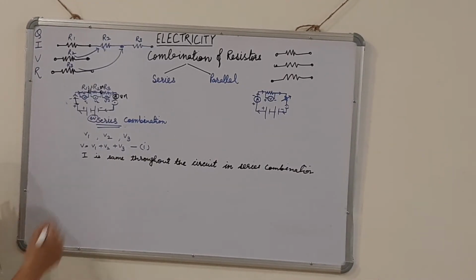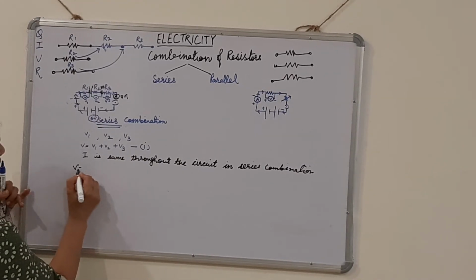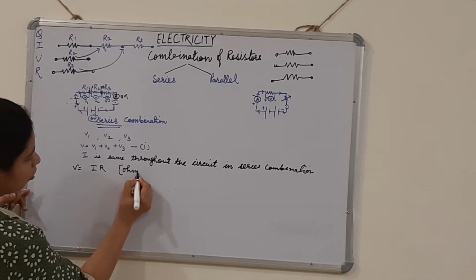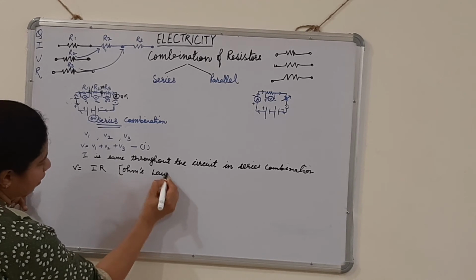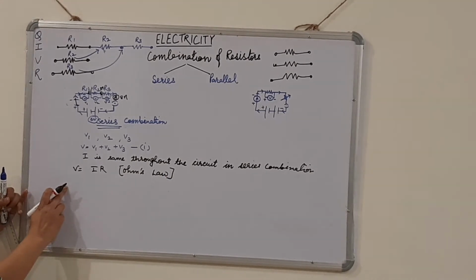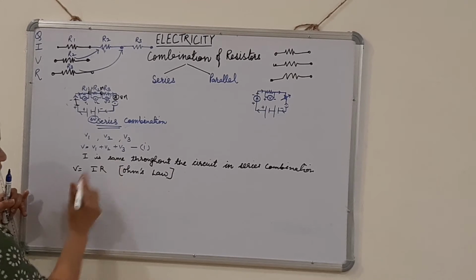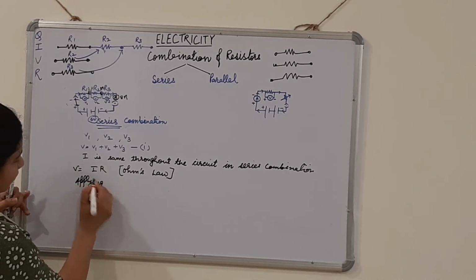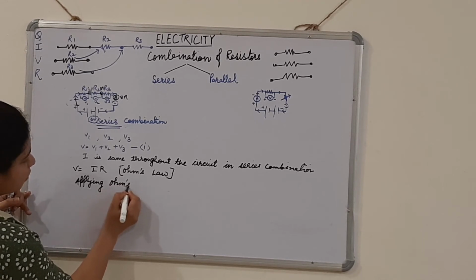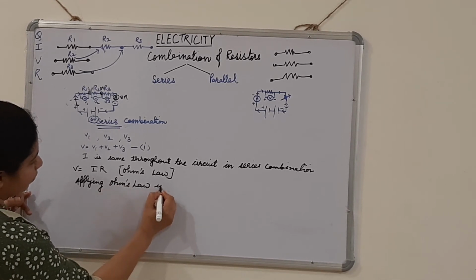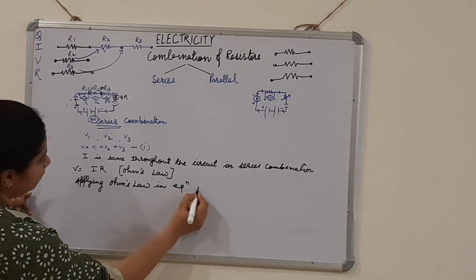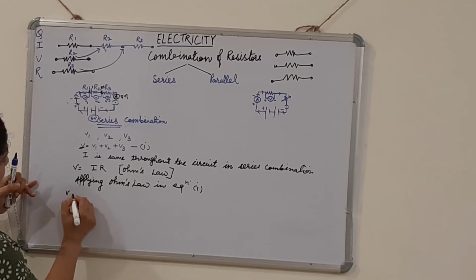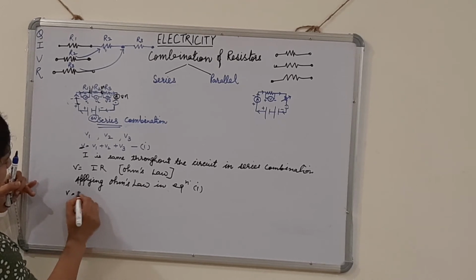Is that clear? We know that V is equal to IR. From where have I got this? From Ohm's law. Now, applying Ohm's law in equation 1, V is equal to IR.